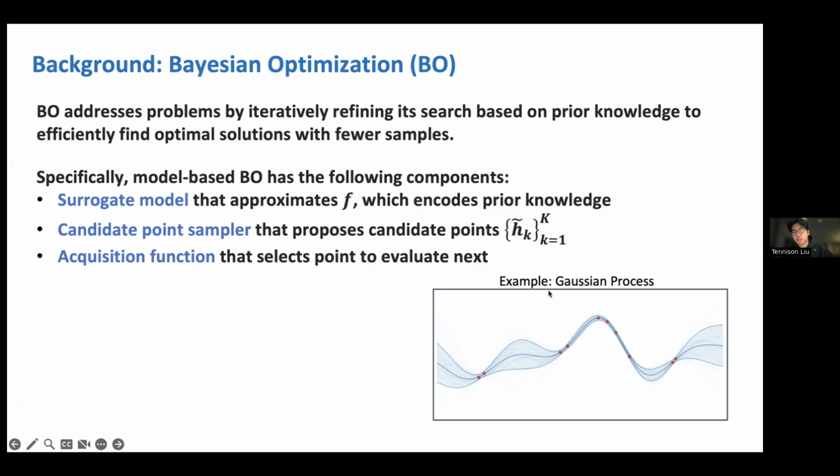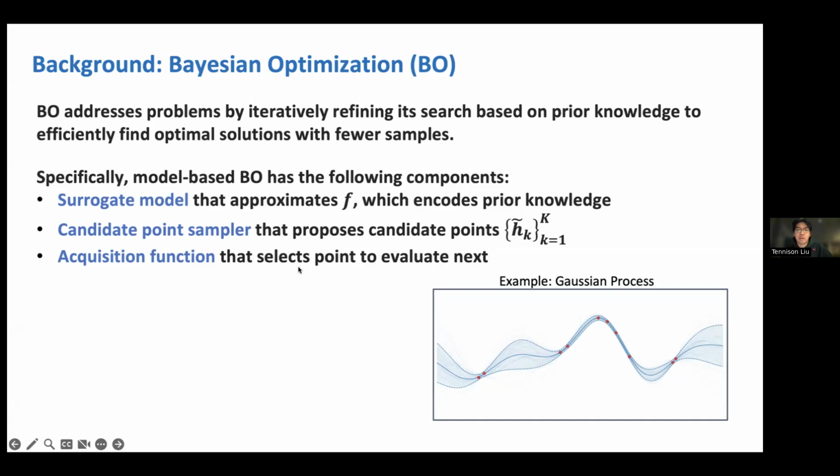An example is a Gaussian process, where the red points are the points you've observed, and the blue line and the dotted line represent the estimate of the function and the uncertainty over how it behaves. You can use different choices of kernels and hyperparameters to encode assumptions about how this function looks.